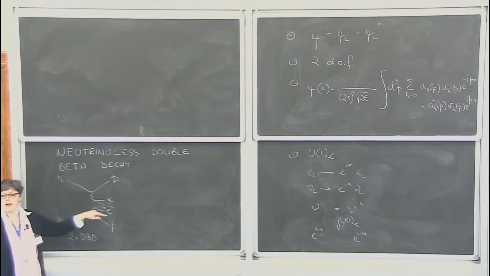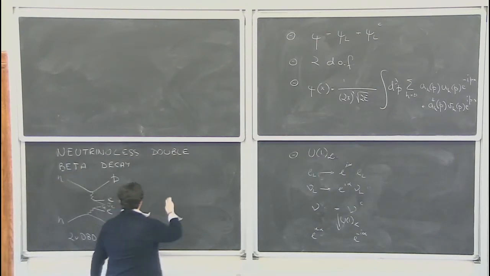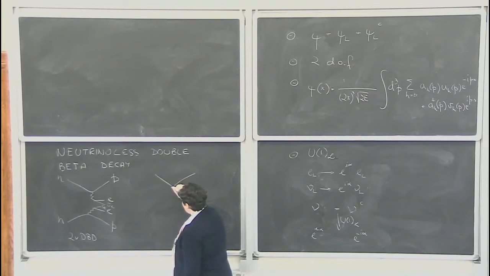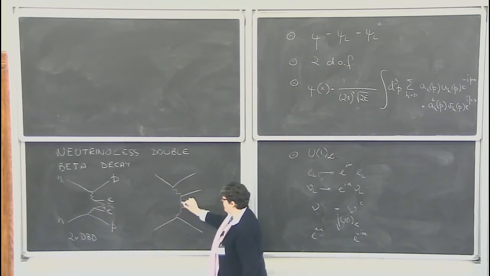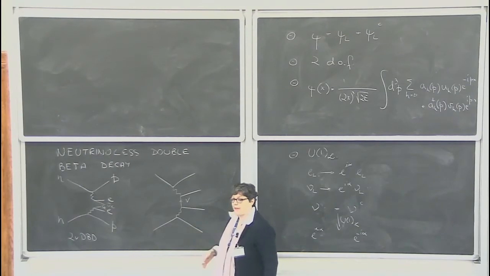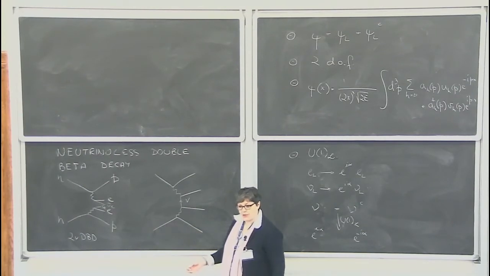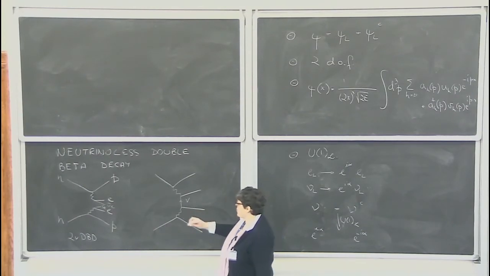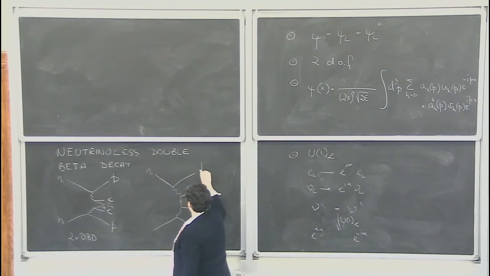So you need other processes, and for instance, this other process is the neutrinoless double beta decay, which happens when, instead of emitting the antineutrinos, these are exchanged. So you need to look for other processes we have not yet seen, but we can search for. This is one of them, the most sensitive one in particular.